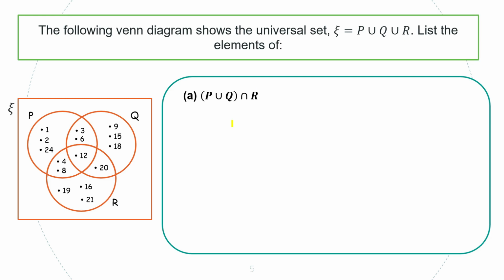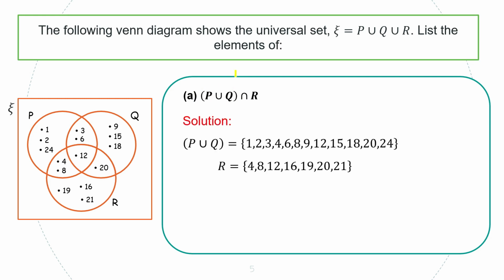We must solve for the bracket first, which is P union Q. We solve for the bracket first. Okay, so for the solution is the bracket P union Q. We must do this one first. Okay, after you do this one, you get the elements in the P union Q, which is all the elements in set P, which is this circle, and set Q in this circle.